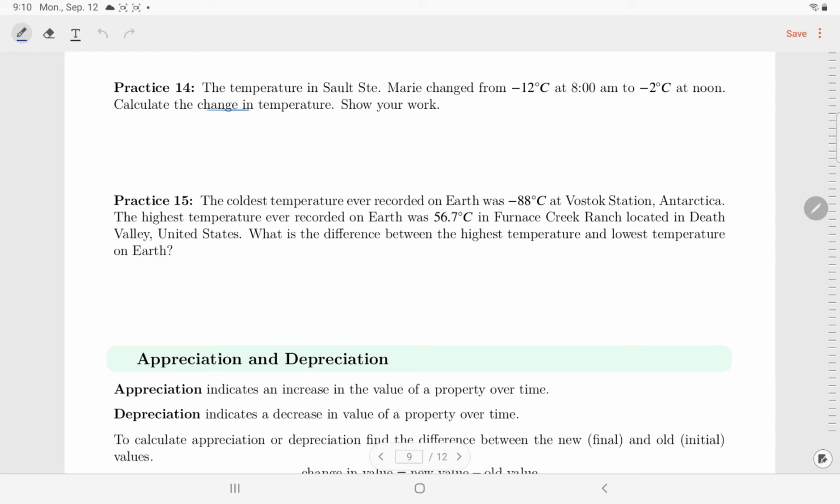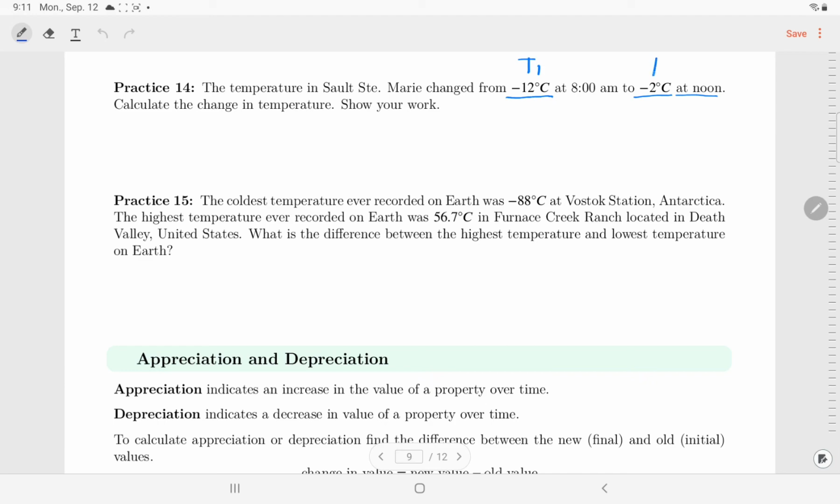Practice 14. The temperature in Sault Ste. Marie changed from negative 12 degrees Celsius at 8 a.m. to negative 2 degrees Celsius at noon. Calculate the change in temperature. So we start with negative 12 degrees Celsius. That's our first temperature.